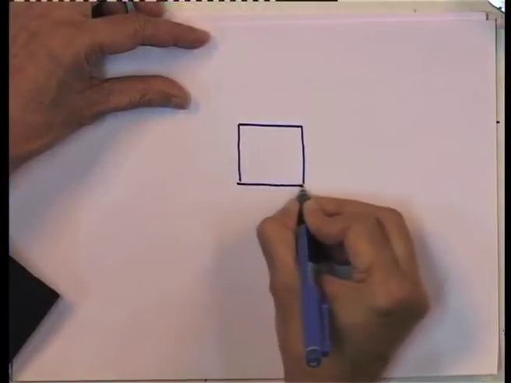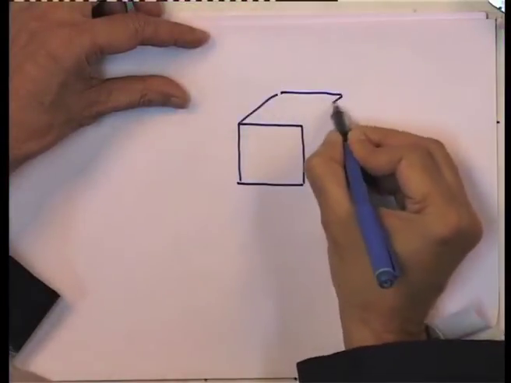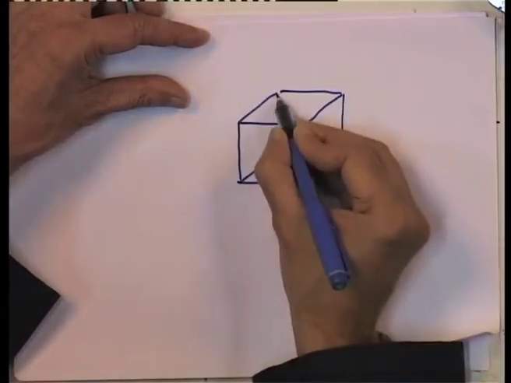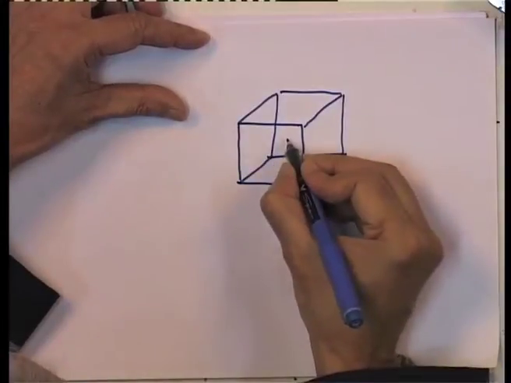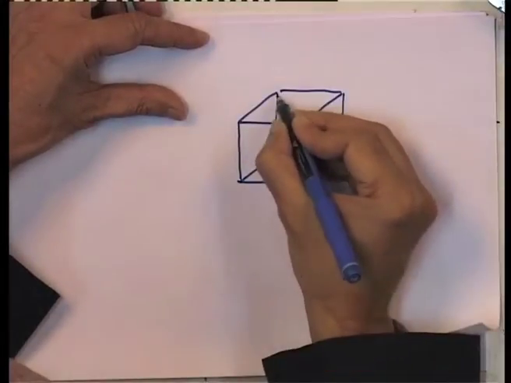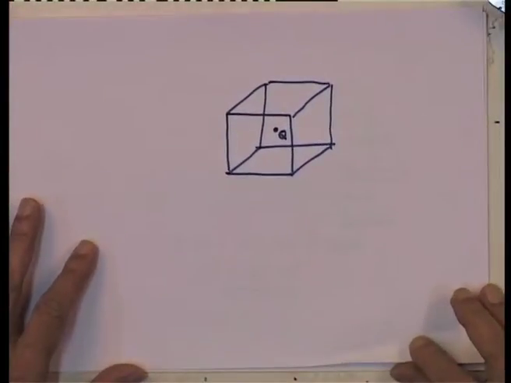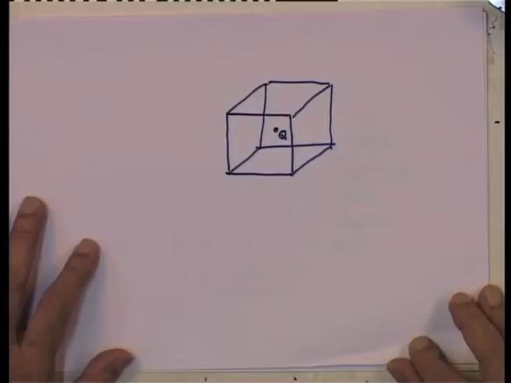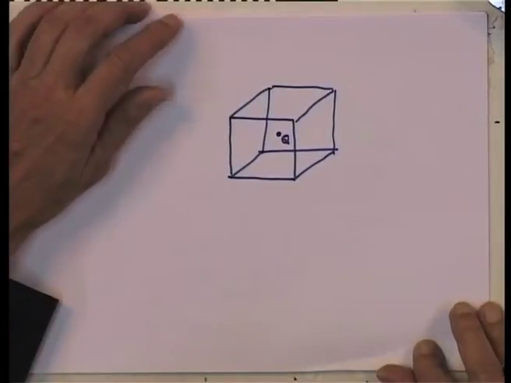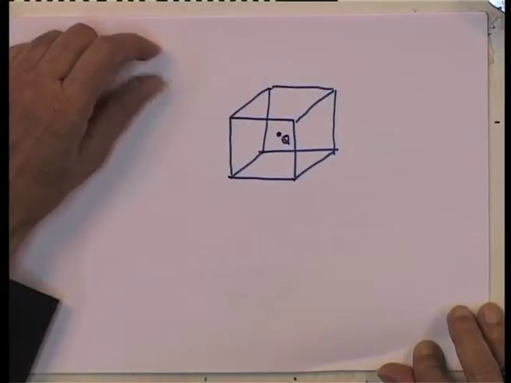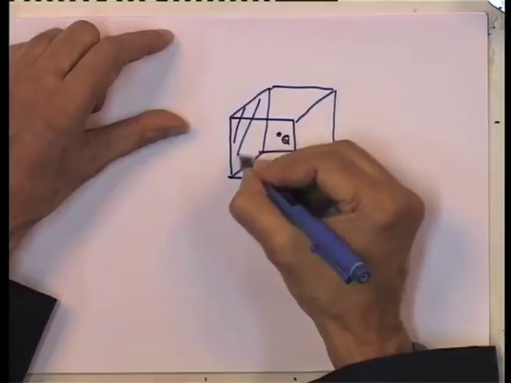For instance, let us take first a cube. Now, supposing I put a charge q at the center of the cube, and I ask the question, how much is the flux that is going out of any of the sides, for instance, this side?